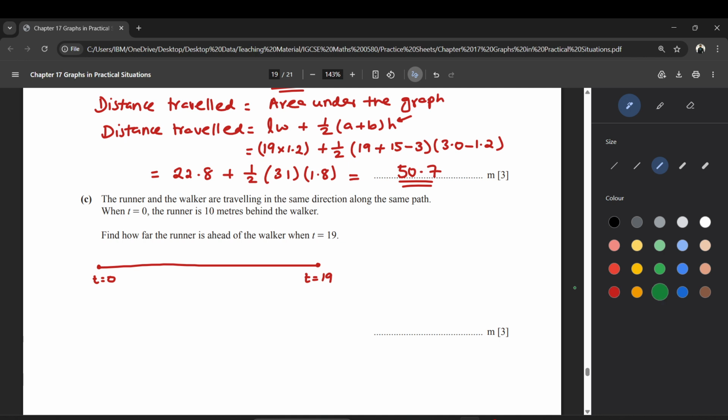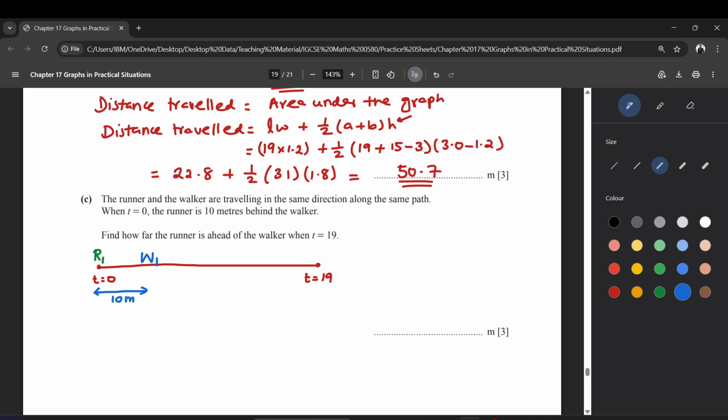If the runner is over here, the walker is 10 meters ahead. So let's say that the walker is over here. This is the initial position, the starting position. So basically this is 10 meters. That is what we understood from the question.